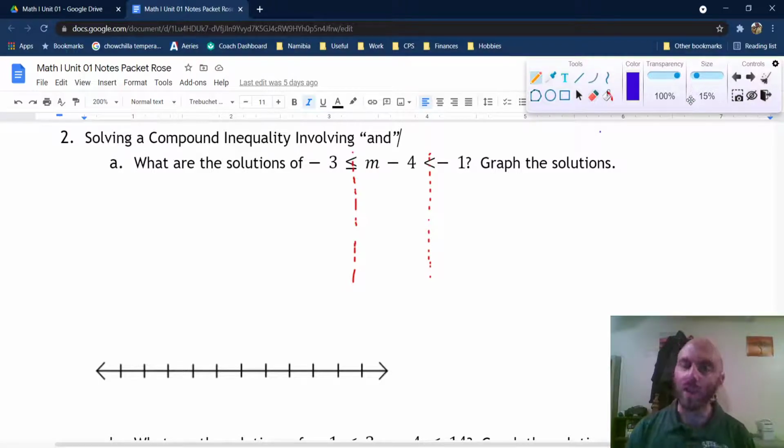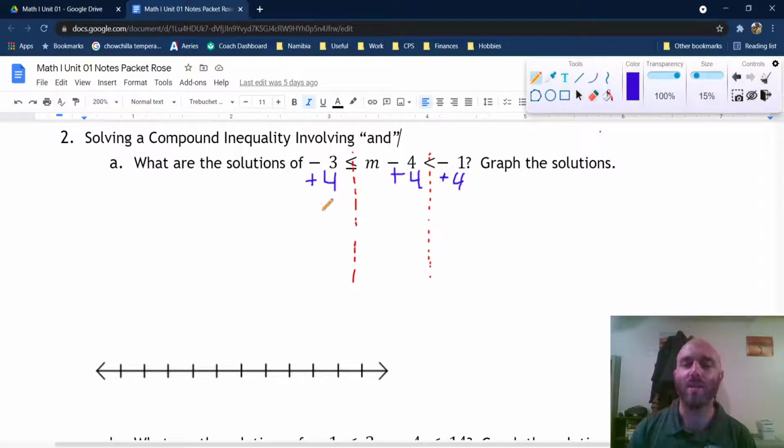So what do you want to do when you do equations? You want to get the variable by itself. So I look and see, well, who's over here on the side where the variable is? And it's the -4. So to cancel that out, I'm going to add 4 to both sides. Oh, I'm so used to saying both sides, but now that there's 3 sides, I need to say all 3 sides.